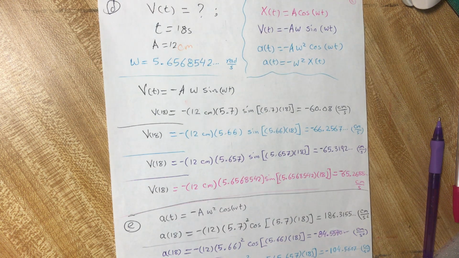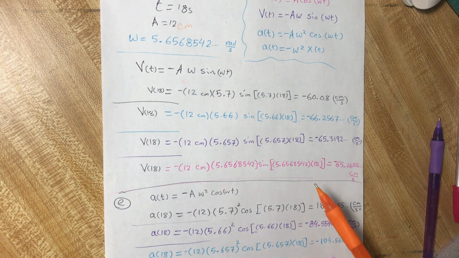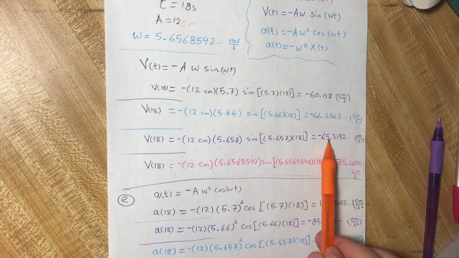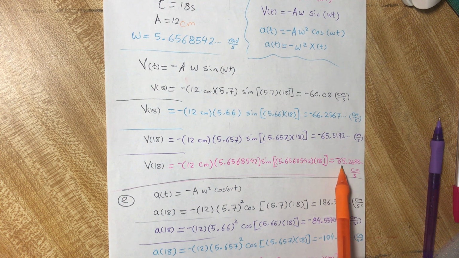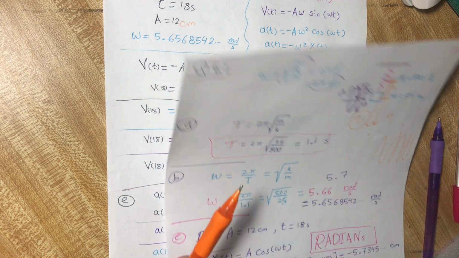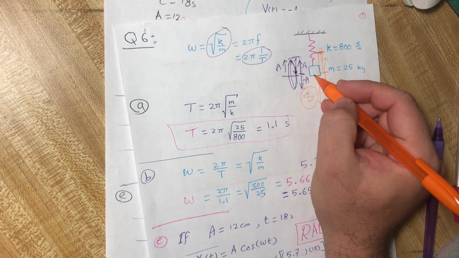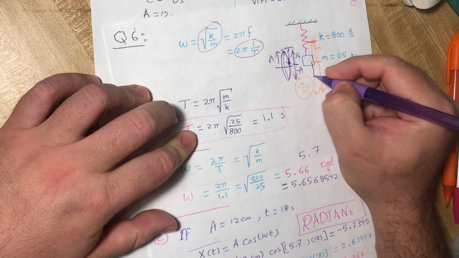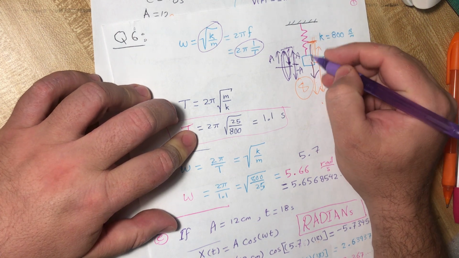This works the same way. If we have an approximation for omega, we will have different values for the velocity of the mass. We are talking here about the velocity of this mass. Maybe this velocity is in the negative direction or in the positive direction.